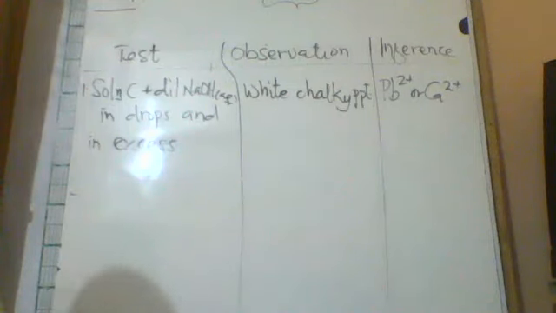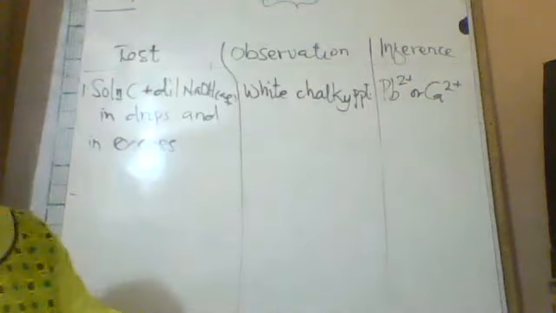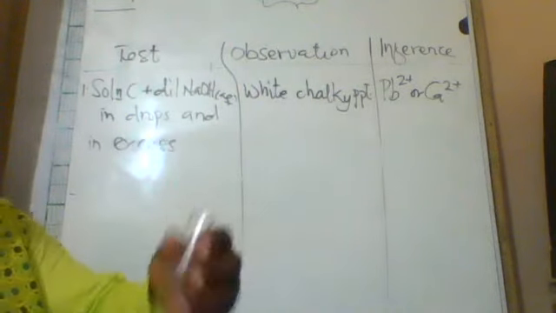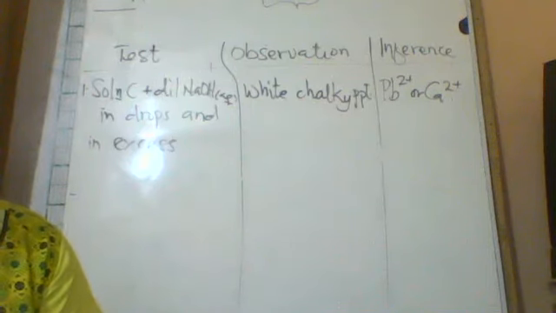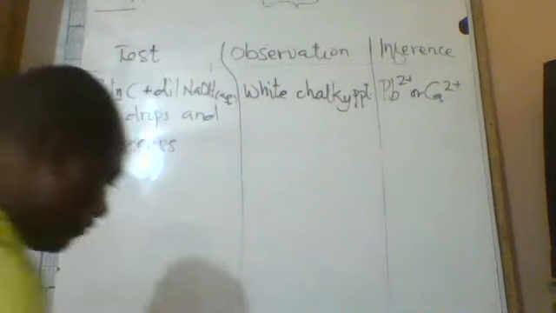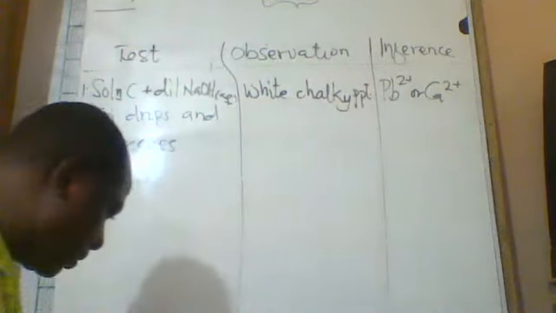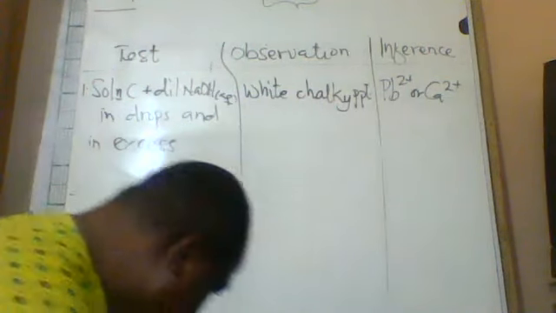My question is that if I add the excess sodium hydroxide to it, what will I expect to see? Maybe let me put it this way. What will I expect to see if calcium is there? Will the PPT be soluble or insoluble?